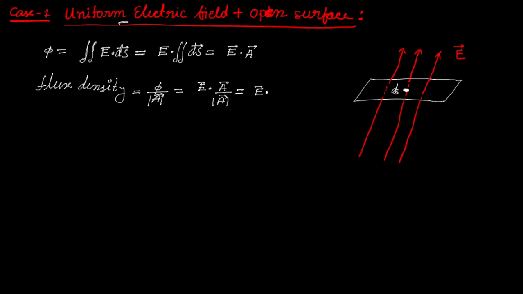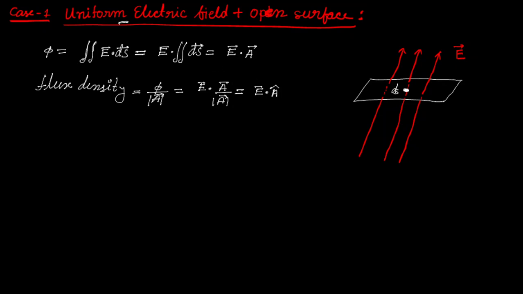So if we want to calculate the flux density for this case where the electric field is uniform and the surface is open, we simply take the dot product of the unit vector associated with the area and the electric field. And if we want to calculate the total flux through this surface, we take the dot product of the area vector associated with the given surface and the given electric field.